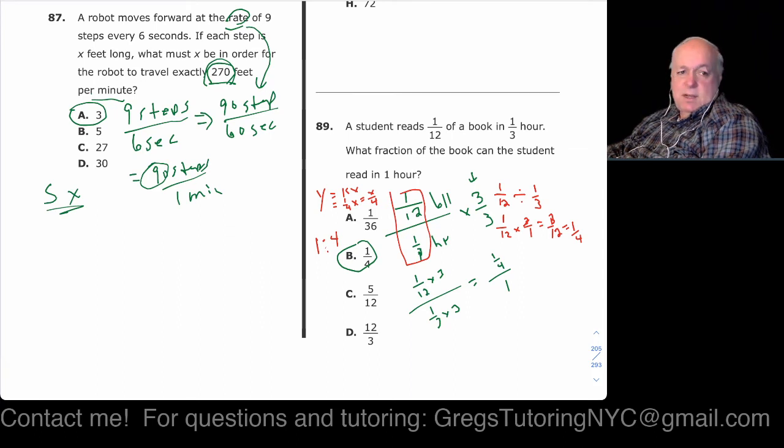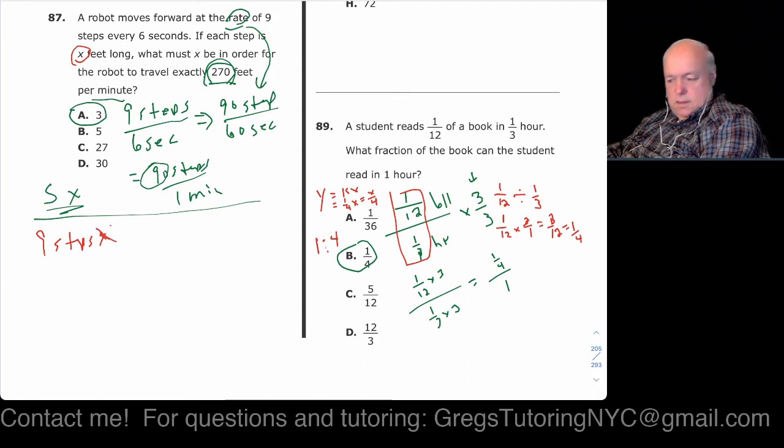We could have set this up as a proportion too. So I started out with a rate here and just used logic through it. So again, we can solve it a slightly different way. It's still underlying really the same way, but if we took the 9 steps, and each one has a multiplication of the x feet, so it's going to be 9 steps times x, right, over the 6 seconds, right?